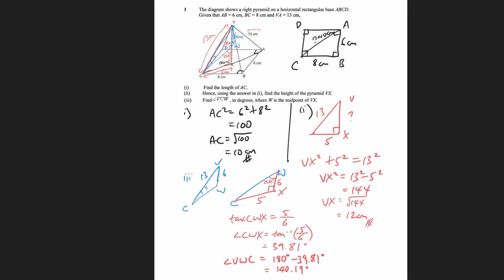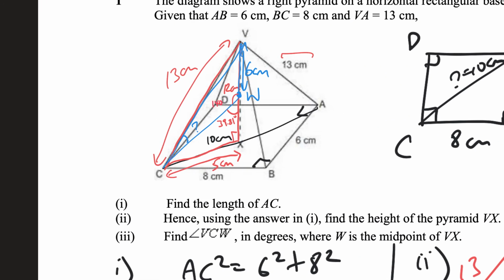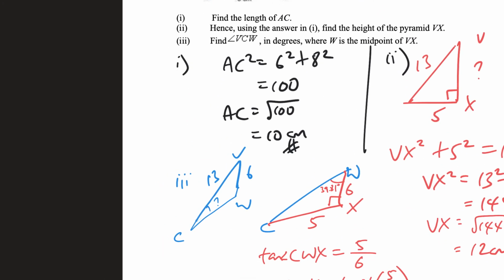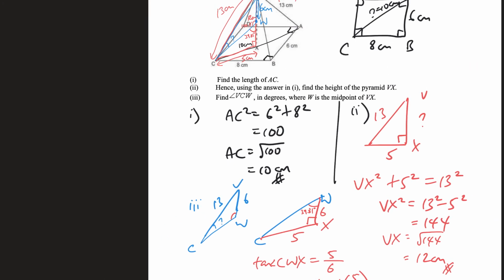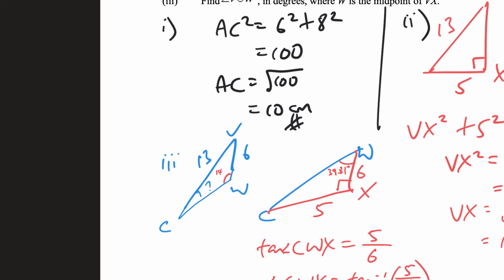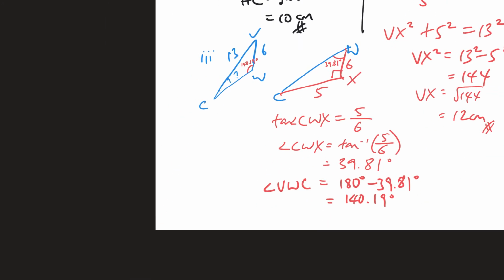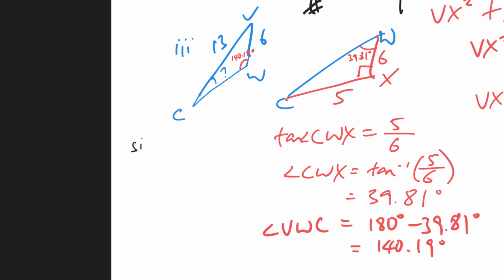Okay, why did I go through all that effort? Because if I know that this is 140.19, I can now apply sine rule. Let me just draw the triangle here. Because this is the angle that I have just found, which is 140.19, I can easily say that sine 140.19 over 13 equals sine of the angle that I need, VCW, over 6.